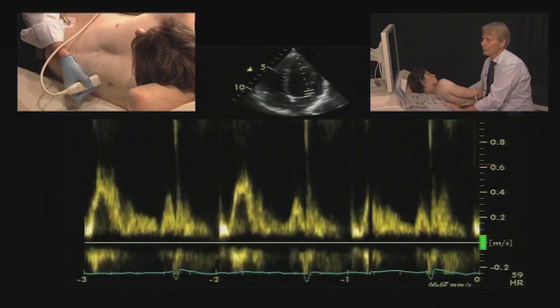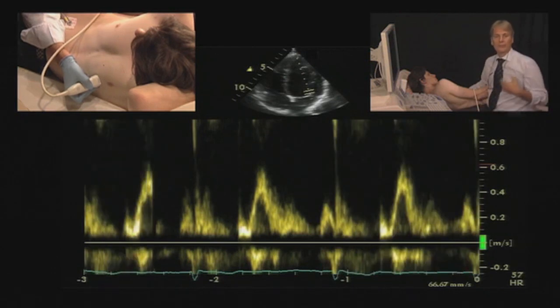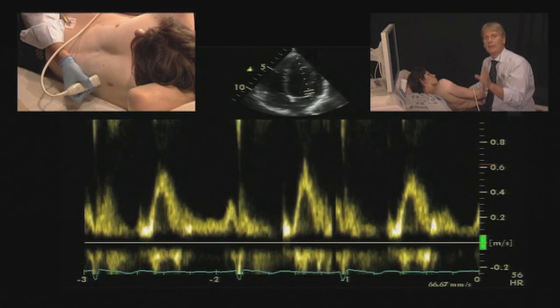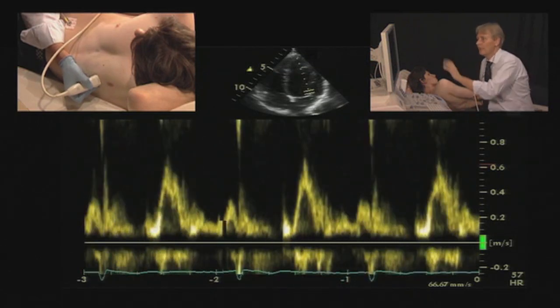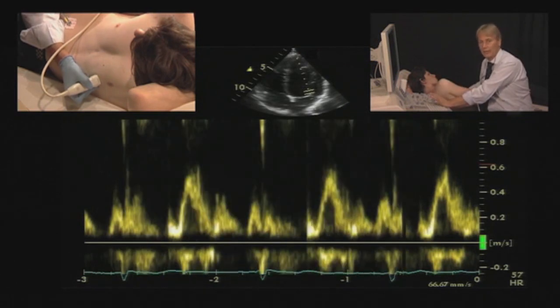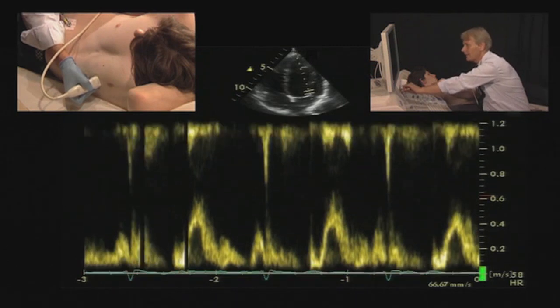The next thing that is important is it's better to freeze the 2D image while you perform the pulsed wave Doppler. You can use the image as a reference, but in the long run it is probably better, if you want to then do some measurements, to freeze the image, because the quality of the Doppler is better if you freeze the 2D image. You can optimize the image.